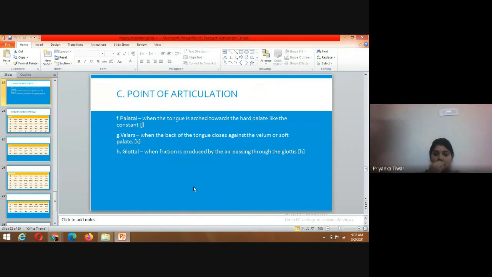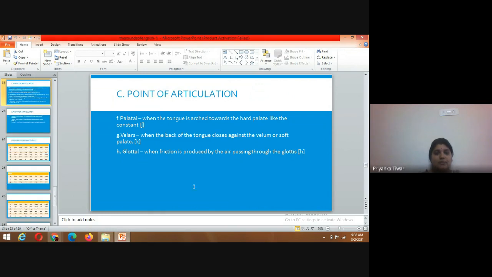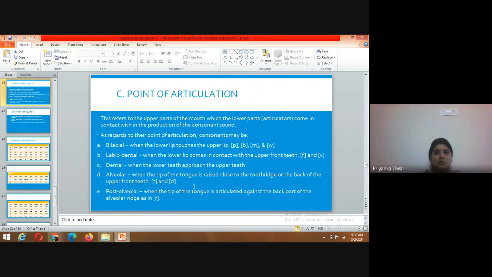Now, point of articulation. Palatal is when the tongue is raised towards the hard palate. Velar is when the back of the tongue closes against the velum, or soft palate. Glottal is when friction is produced by the air passing through the glottis. These refer to the upper parts of the mouth, with which the lower articulators come in contact in the production of the consonant sound.